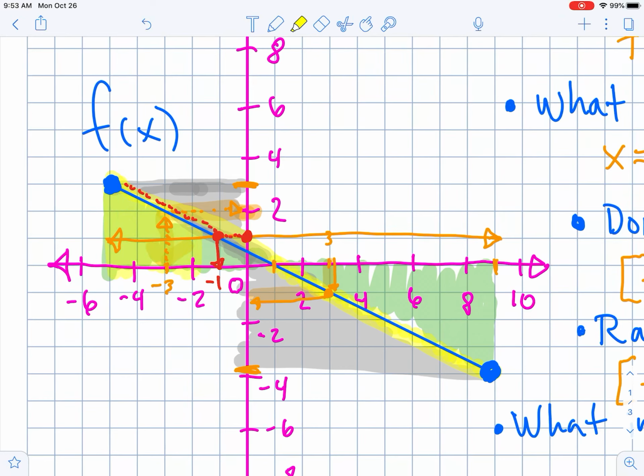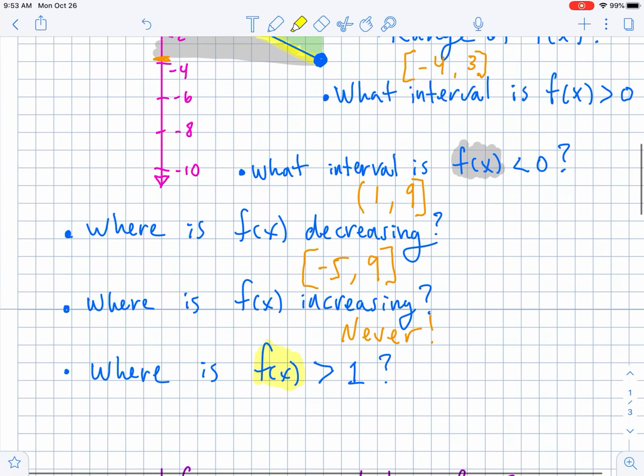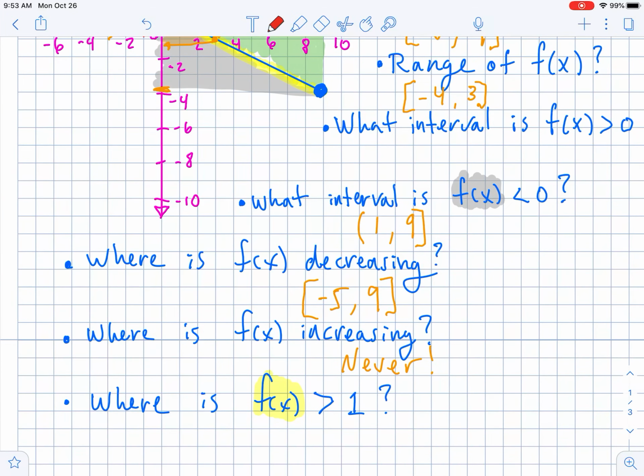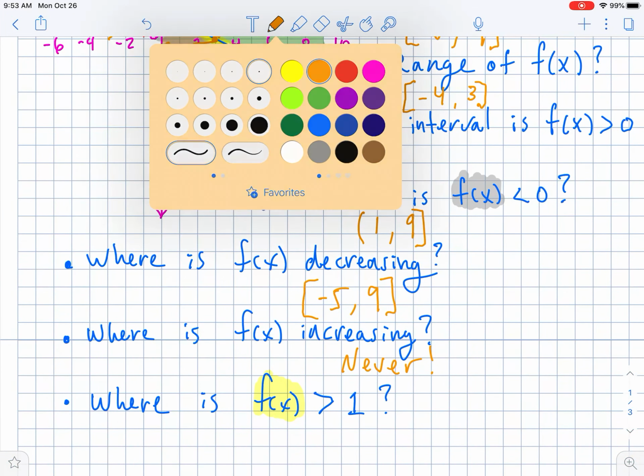So that means all the x values from here to -1 and then stopping are going to be greater than positive 1 in terms of y.